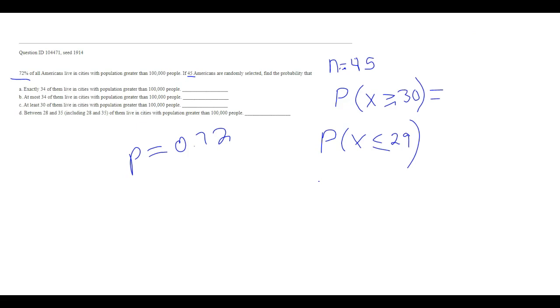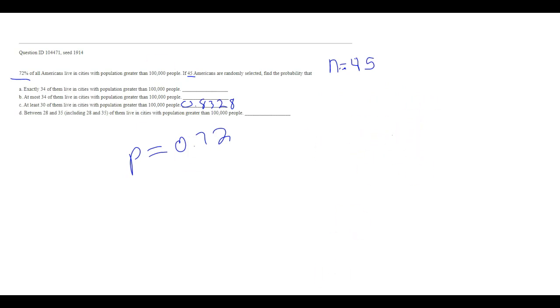Let's see if I can write it in here. 0.8328. All right, so let me clear this off. I still need the probability, and my n is 45, so I'll leave that there.